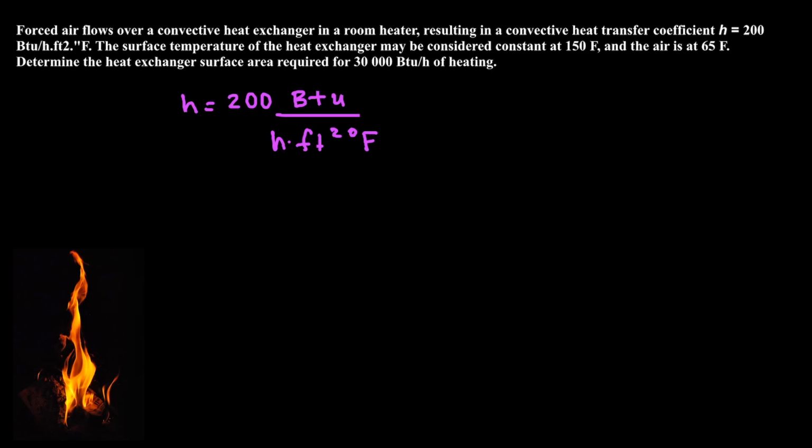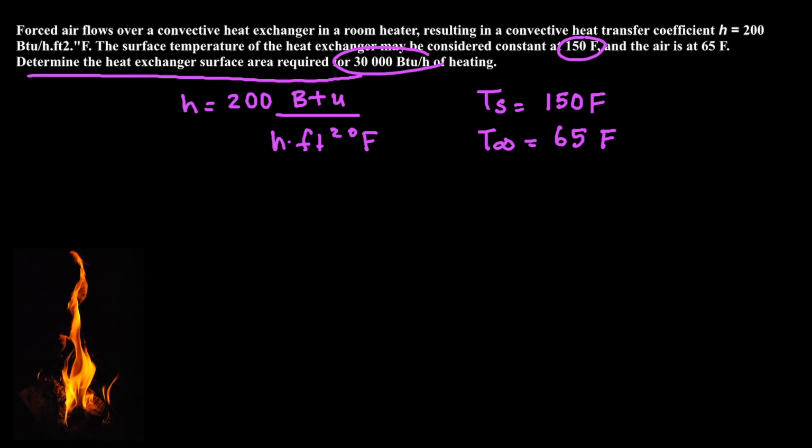The surface temperature is considered constant at 150 F. The air is ambient at 65 F. Determine the heat exchanger surface area required for 30,000 BTU per hour of heating. So you're trying to find area in this case, and Q is given. Q equals H A (Ts minus T infinity).